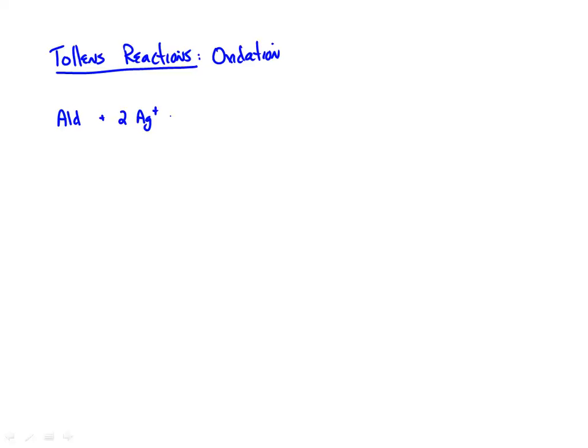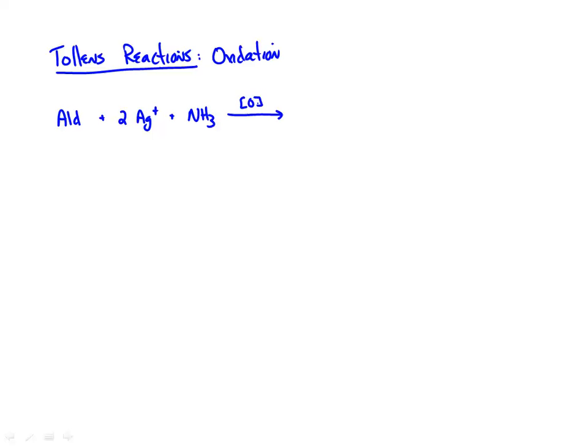So we're going to look at the Tollens' reaction, which you did in class. And remember that this is just an oxidation. The key here is that you want to remember what happens to it. So we have an aldehyde plus 2 silver ions plus ammonia.